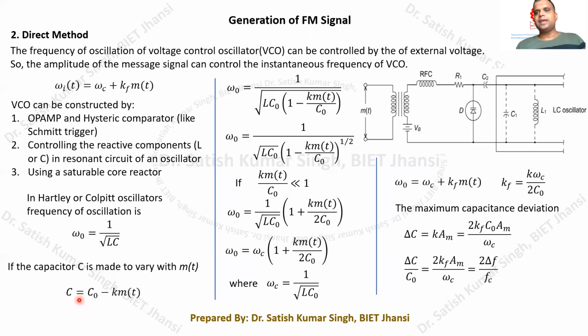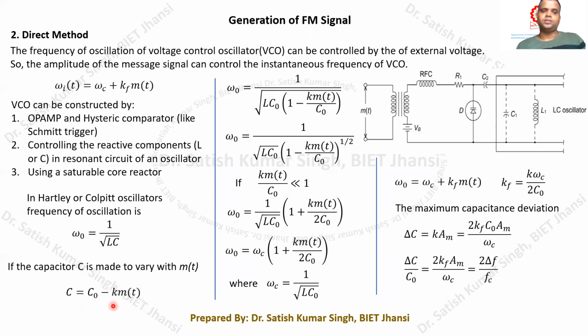It means that whenever m(t) equals 0, the varactor diode will have a particular reverse bias, based on the value of the DC voltage VB. Based on that, the combination C1 in parallel with CD will be calculated, and that value will be equal to C naught. This is our expression of the total equivalent capacitance offered by the circuit, and that has to be message dependent, m(t).